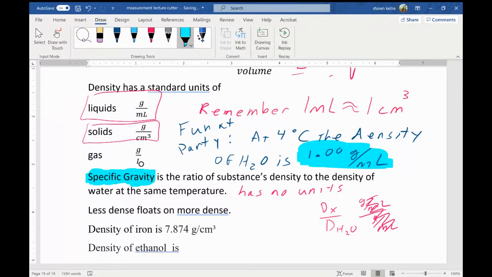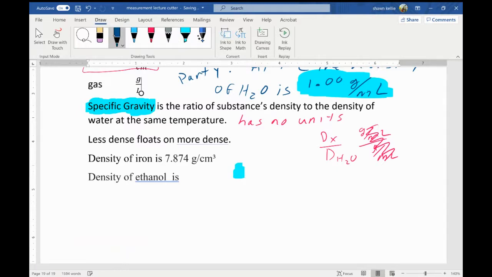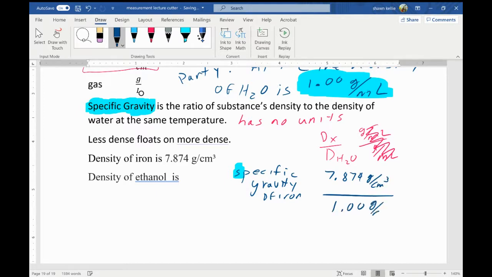For example, the density of iron is 7.874 grams per cubic centimeter. So the specific gravity of iron would be 7.874 grams per cubic centimeter divided by 1 gram per cubic milliliter, which are the exact same units, and any number divided by 1 is the number again.